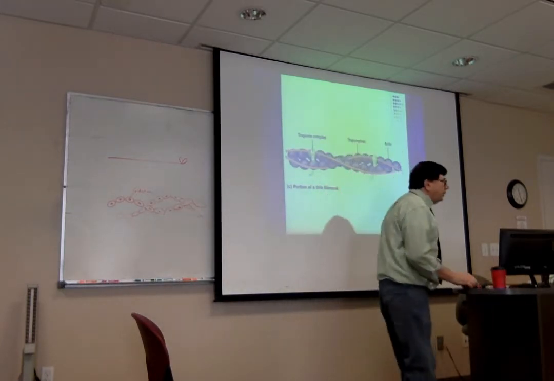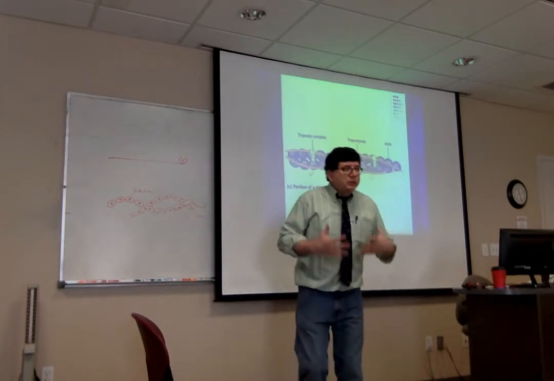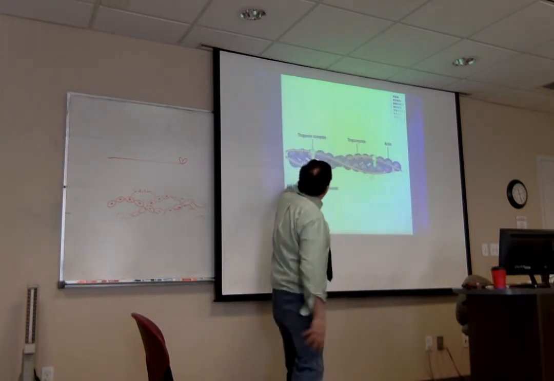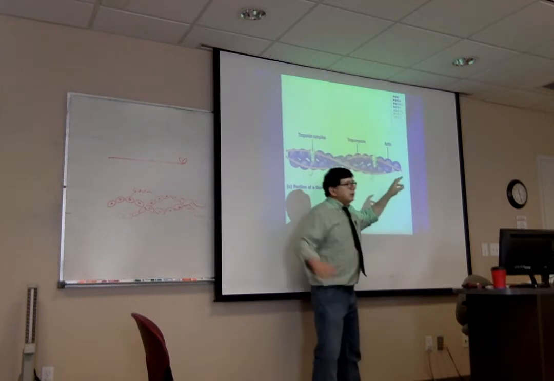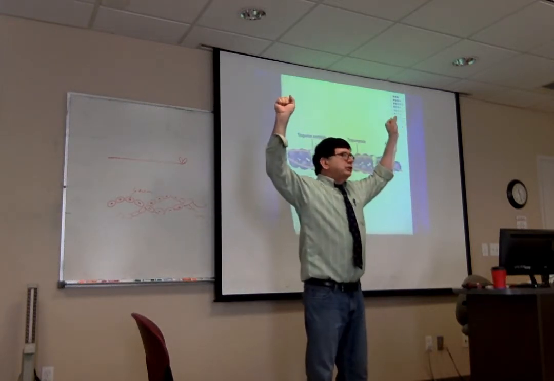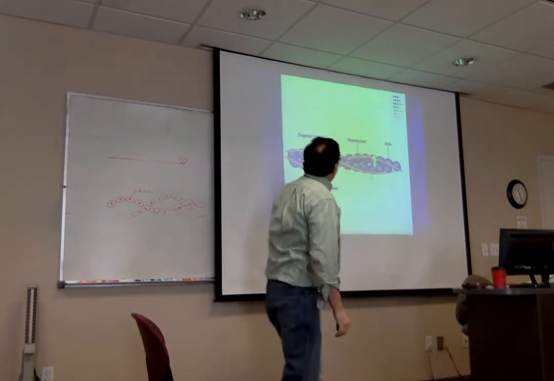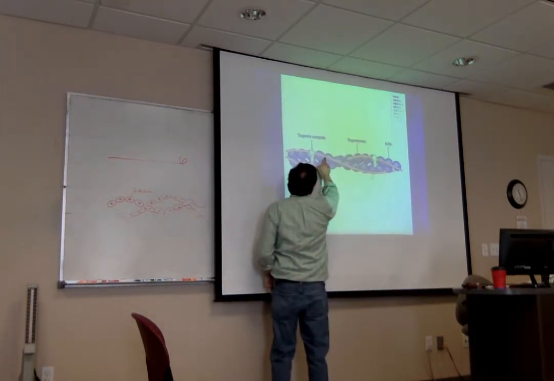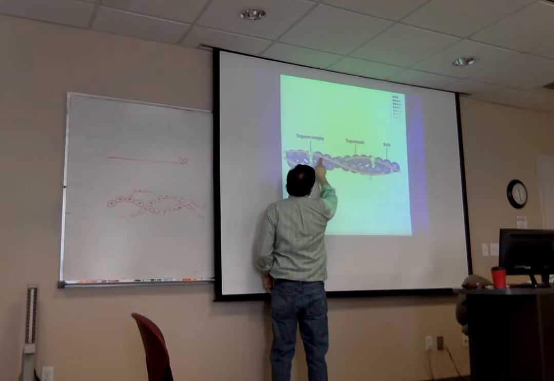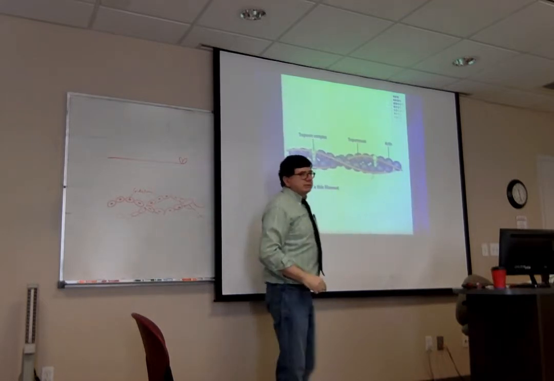Now, I'm going to give you a heads up on what's the story here. When calcium is released into the sarcoplasm and it binds to troponin, the troponin molecule changes shape. In other words, it's going to displace the tropomyosin from covering these binding sites.